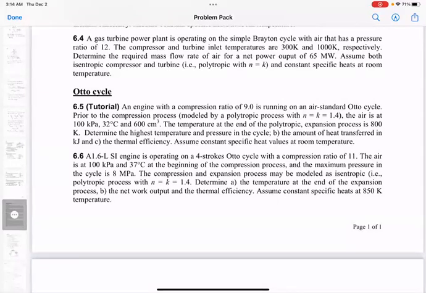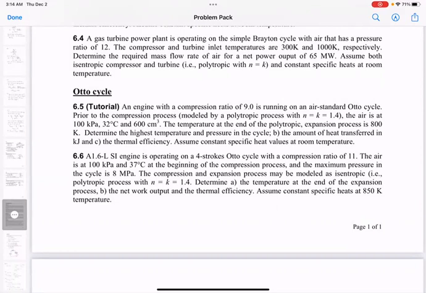So in this question, we're told there's something modeled by a polytropic process with n equals k equals 1.4. And we spoke a bit about what that means in the first Otto cycle video. But just as a reminder, this is an isentropic process.